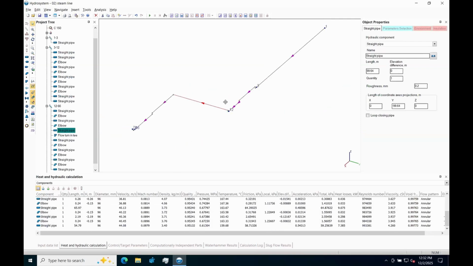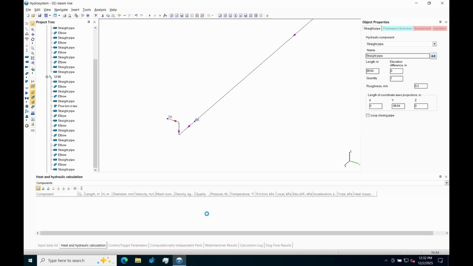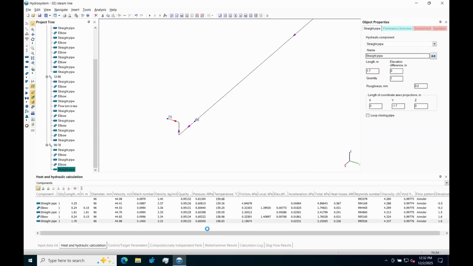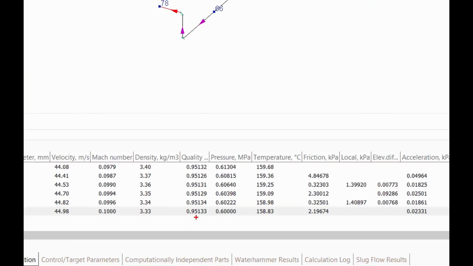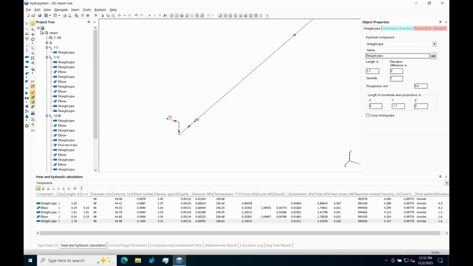And at the outlet of this piping system, we have a quality of about 95%, which means about 5% of our steam will condense in this piping system. No matter how good it is insulated, the insulation is not enough to prevent this condensate from appearing.